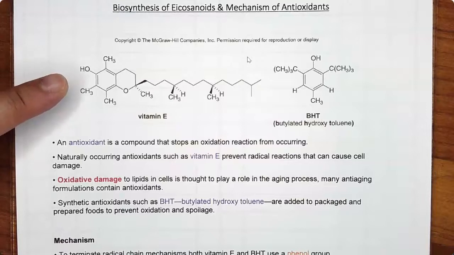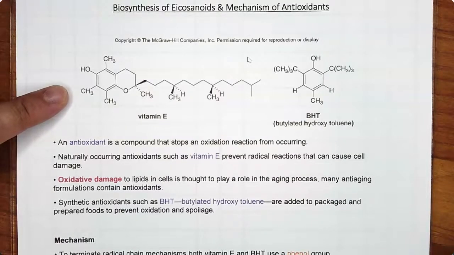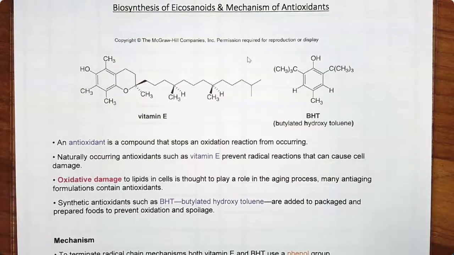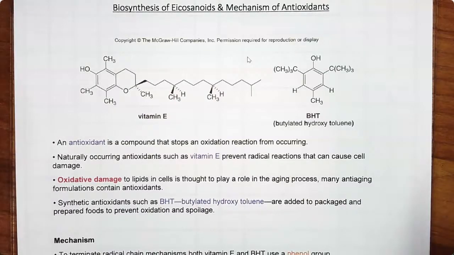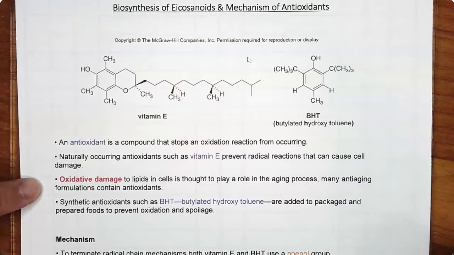Vitamin E is a natural antioxidant, so it prevents radical reactions from happening within the cell that can cause oxidative damage. This oxidative damage is connected to aging, so many anti-aging formulations contain antioxidants.